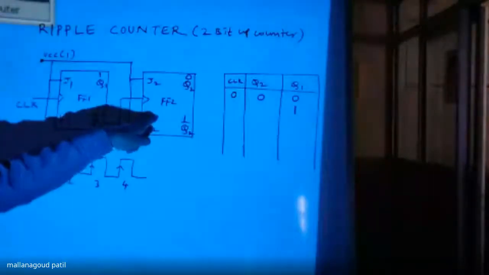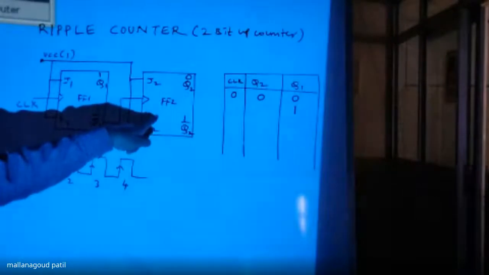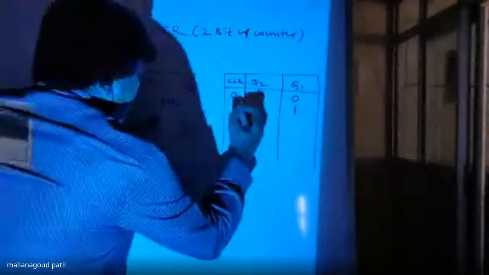No, sir. Flip-flop 2 will retain its previous state, because the clock has not been supplied. Then I can write: Q2 retains, Q1 toggles.